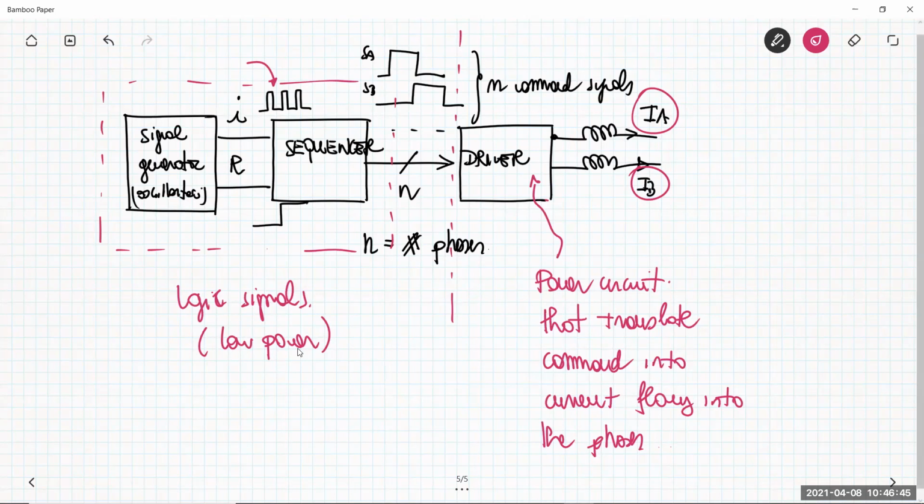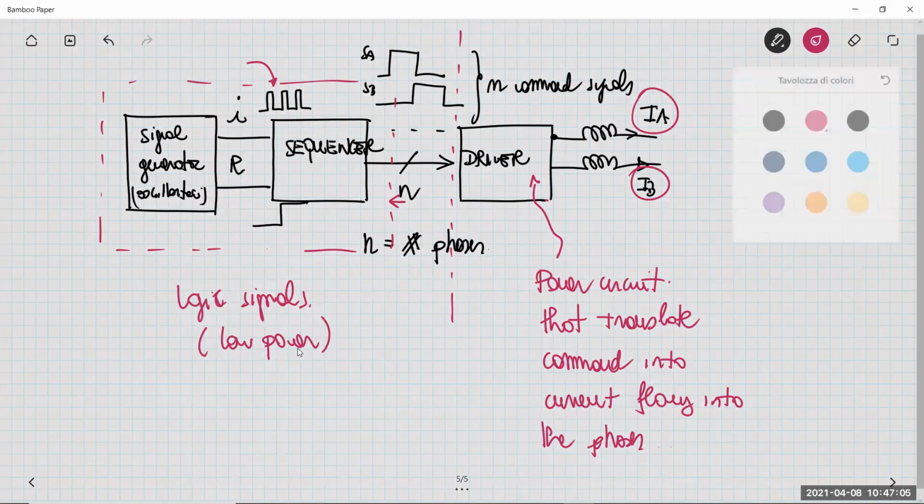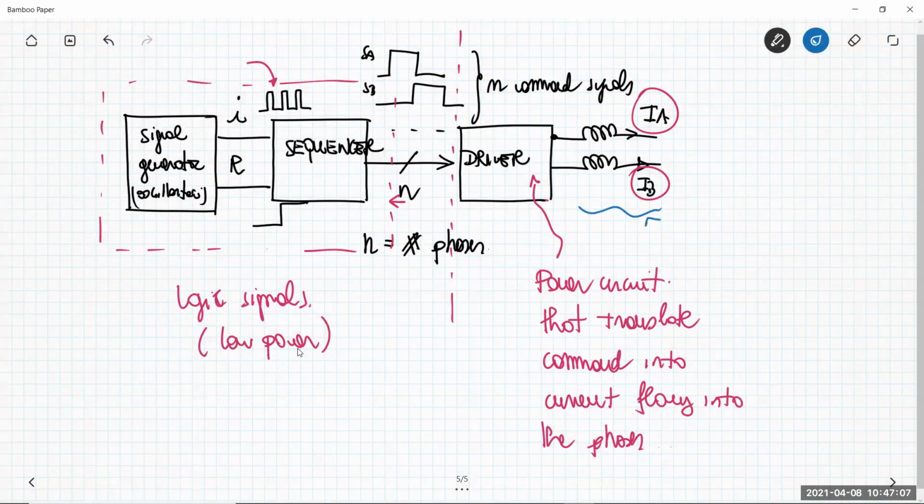The driver typically is not included in this part. Sometimes, for low power situations, you can have the driver included in the integrated circuit, and then you just have to connect the phases, the windings of your stepper motors. Here you have the stepper motor windings.